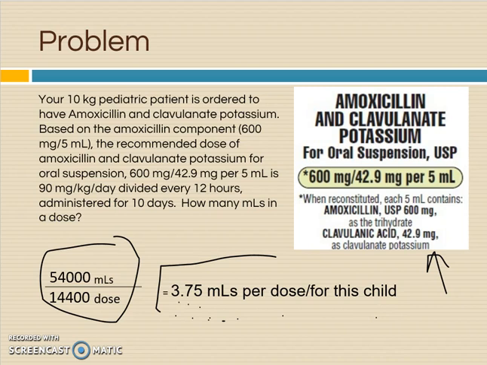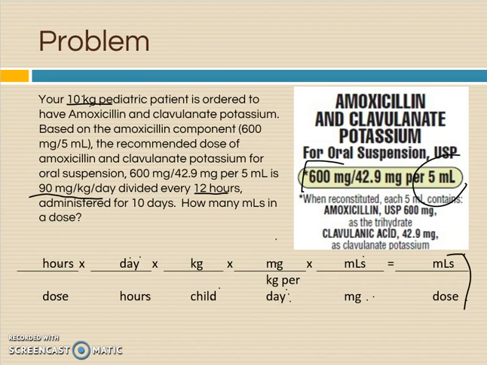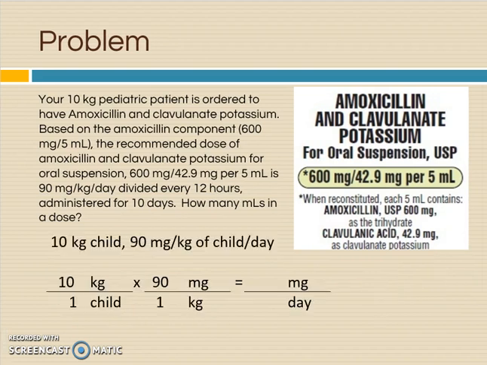That's per dose. Okay. Now, going back to that really long equation right here, you might think, I can't do that. I don't want to do that. That's crazy. Well, I totally understand that. So there is another way to figure it out. And that is where you just look to find out how many milligrams. What you do is you take the 10 kilograms of child and the milligrams per kilogram of child per day, and you use just that component to figure out the number of milligrams per day.